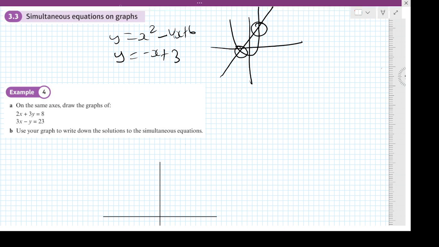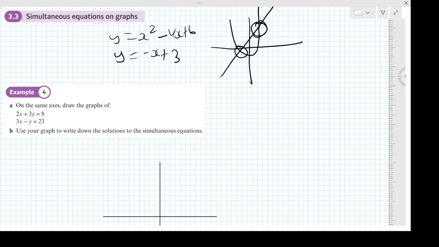But say this was the quadratic and the line. Those two solutions that I've circled, that is where the pair of solutions would be if we were to solve it by substitution, which we looked at last section. And so the coordinates of these two points would be the same as the solutions.